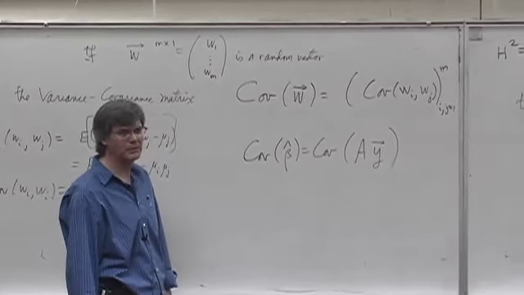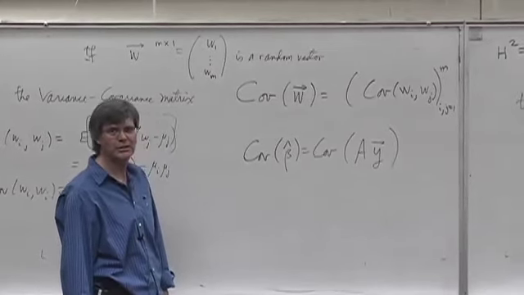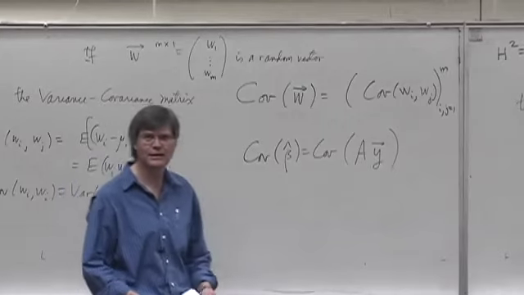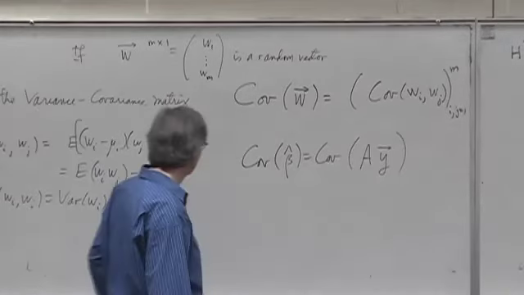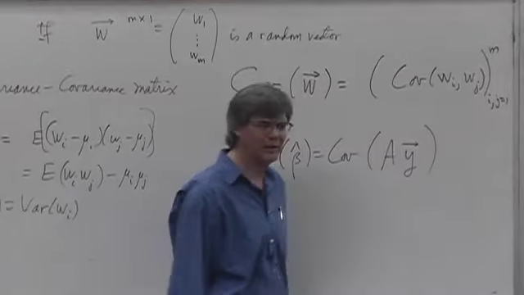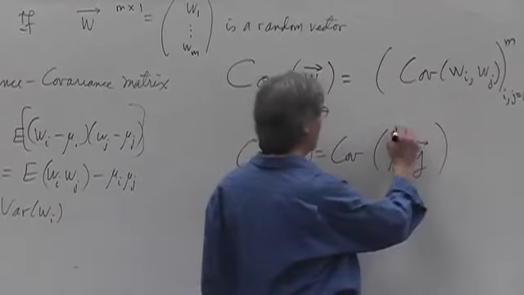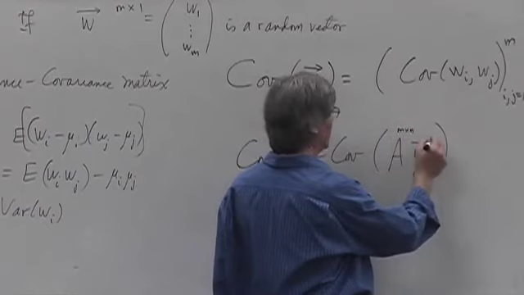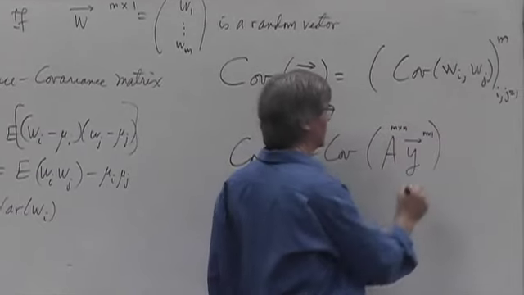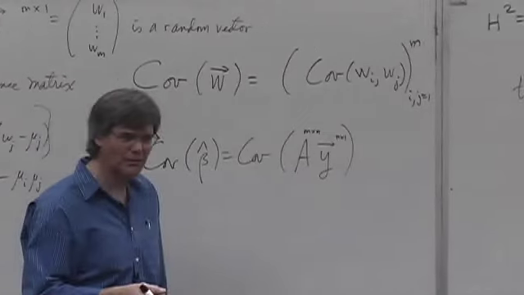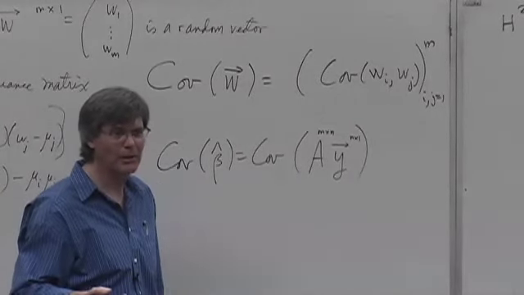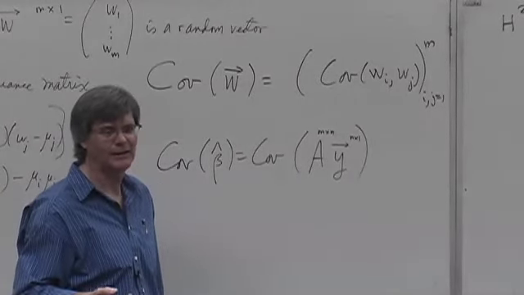Well, that takes a little bit more computation. There's a nice little formula for that. Maybe you could guess what it would be. Let's say this is an m by n matrix, and this is n by 1. So this is an m by 1 random vector, so it's got to be an m by m matrix in the end.